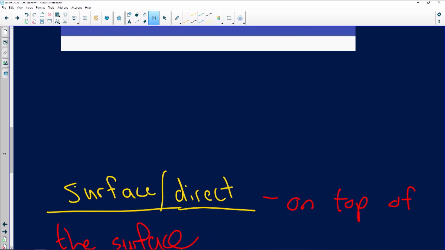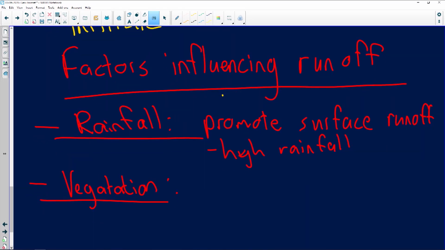Is it going to promote surface runoff, or is it going to promote underground runoff? Definitely underground. Because what is the water going to do? It's going to infiltrate. Okay. So let's just write down there. Vegetation is going to promote underground runoff or indirect runoff.